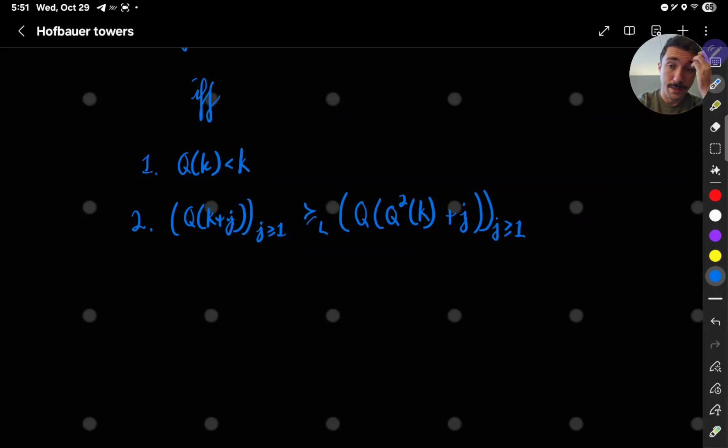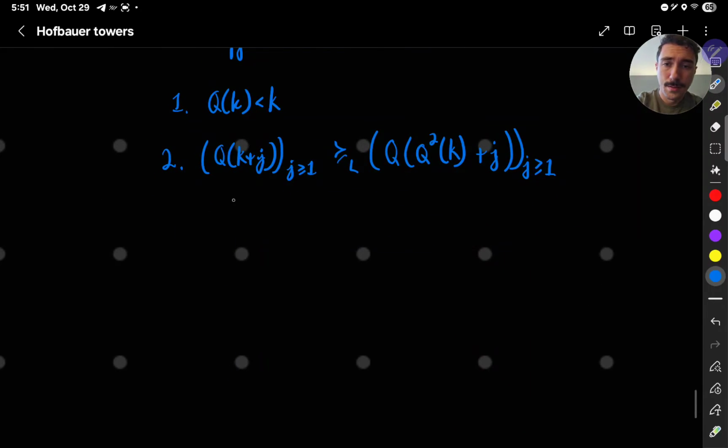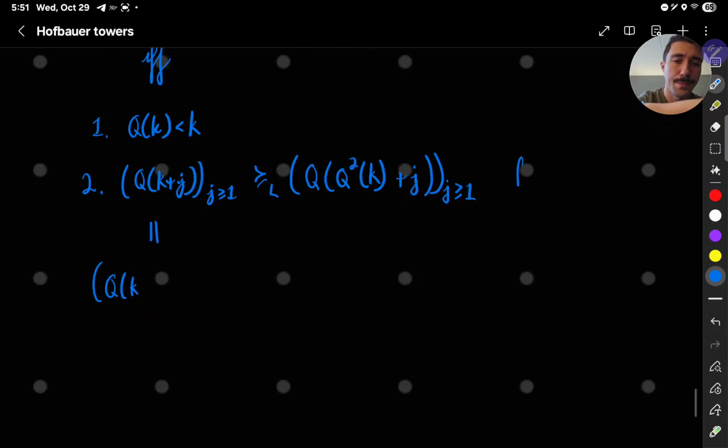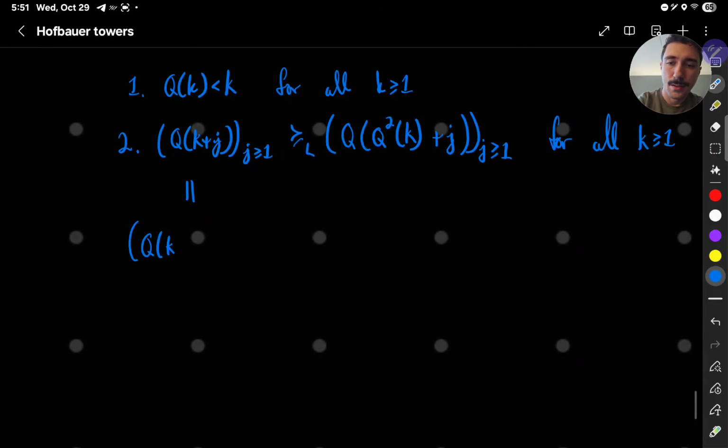Now it's a little strange. What is this? Well, this is the sequence Q, and this should be for all K: Q(K+1), Q(K+2), Q(K+3), and so on.